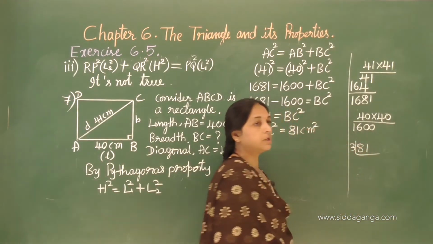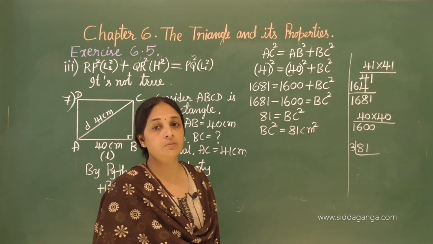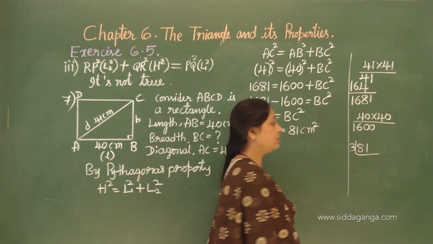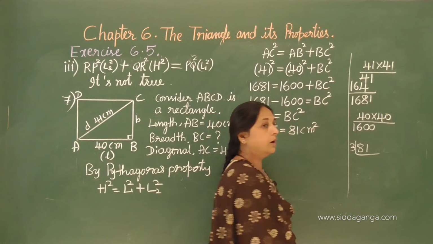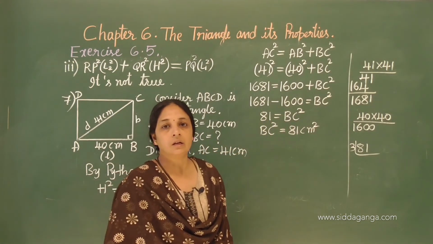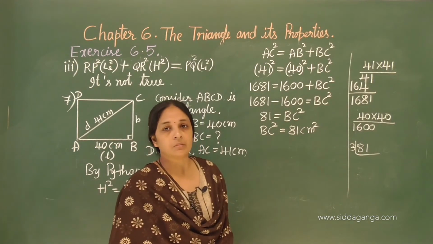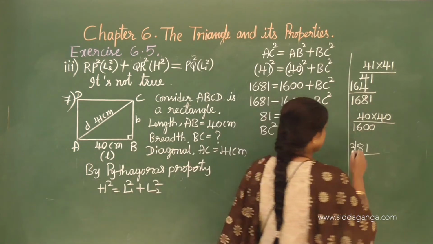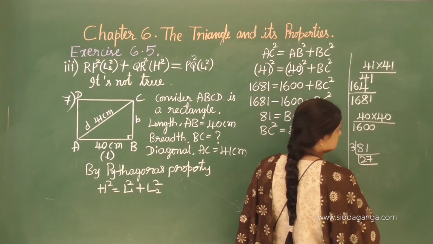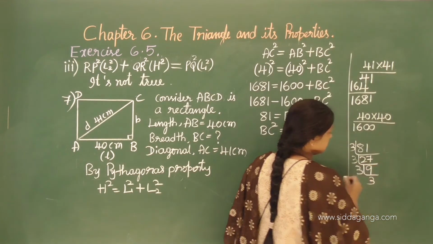Already you know how to find it. Here we use the divisibility rule. 8 plus 1 is 9, 9 is divisible by 3, then take 3. Why do we take 3 here? Don't take composite numbers, we have to take only prime numbers. 3 27s are 81, 3 9s are 27, then 3 3s are 9.